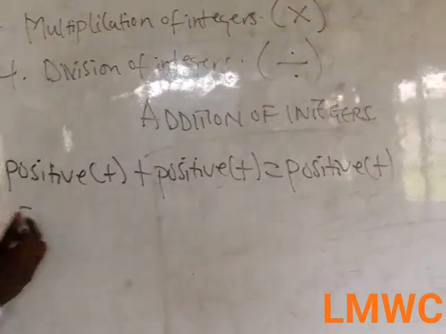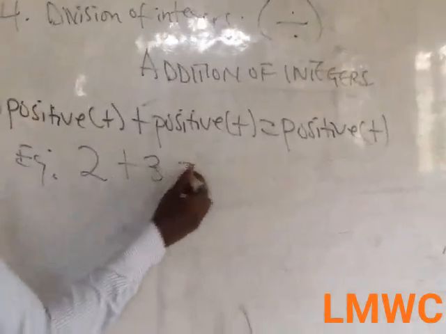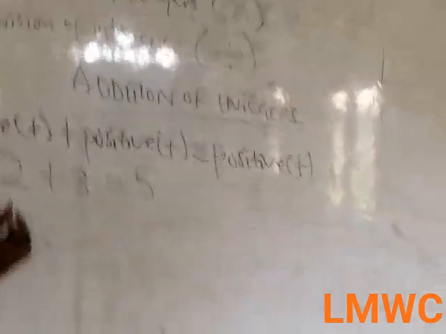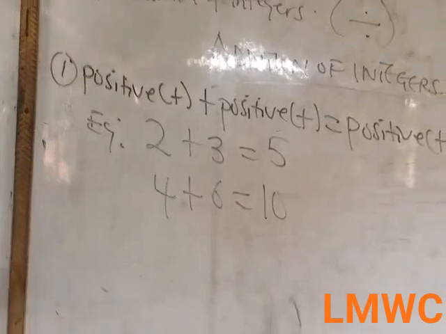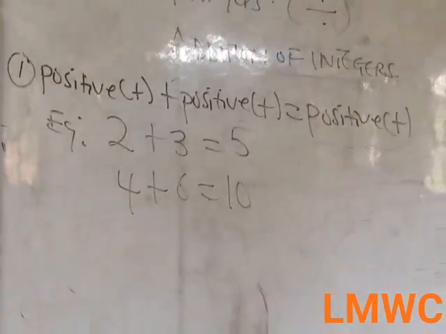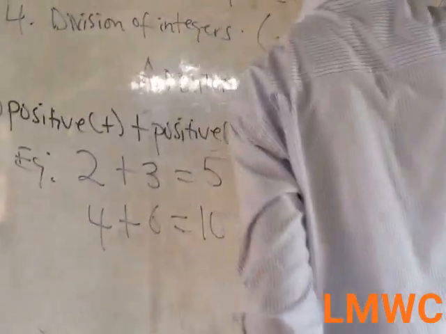So for example, if I give you 2 plus 3, it is what? 5. 4 plus 6, it is what? 10. So positive plus positive is always positive.